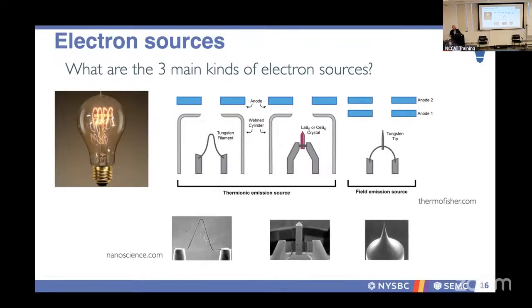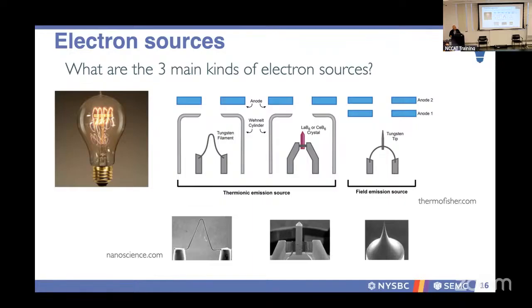One of the easiest electron sources is a tungsten filament: you send current through it, and you'll kick off a lot of electromagnetic waves, so you'll have X-rays and electrons, etc. These tend to be thermionic emission sources in the sense that you have to heat them up. It takes work to extract electrons from the source, so there's a particular work function, and if you have enough energy, then you can send out electrons. And we have systems in the sources that can collimate and direct the electrons in a particular way.